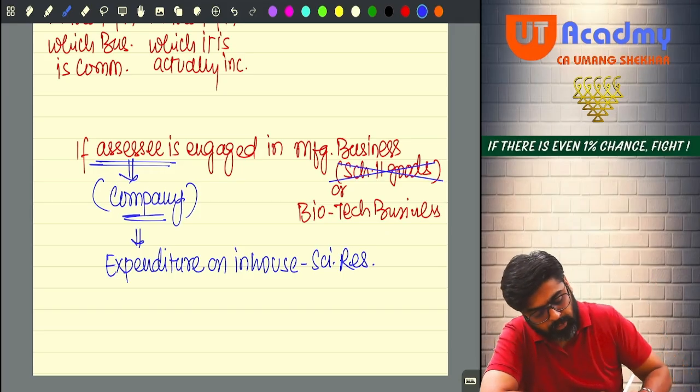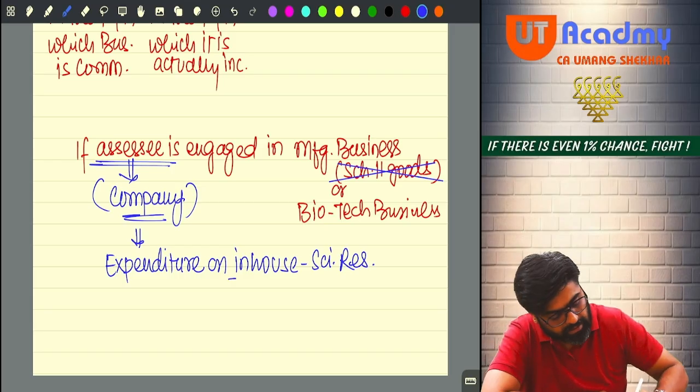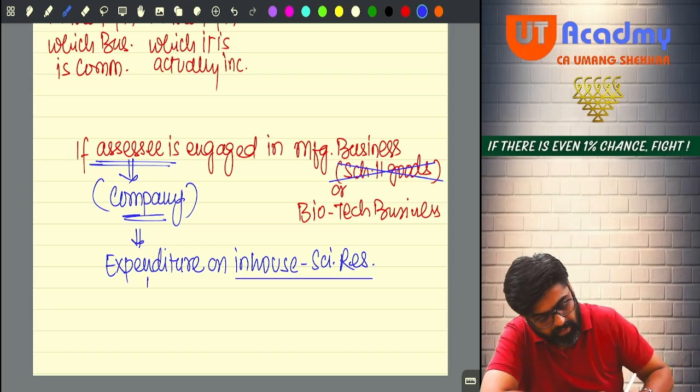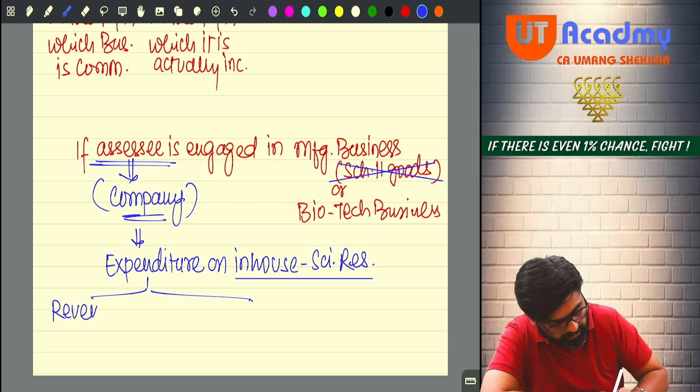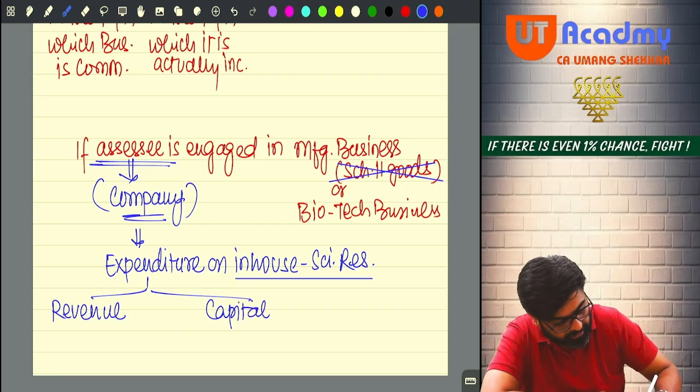Now, any expenditure done for that in-house scientific research, whether that expenditure is revenue or it is capital. If it is capital, then other than land and building.